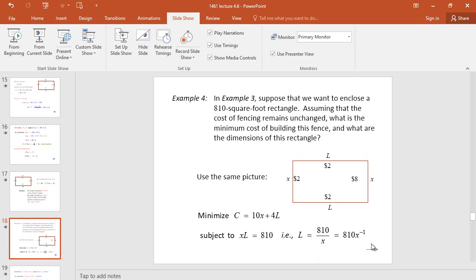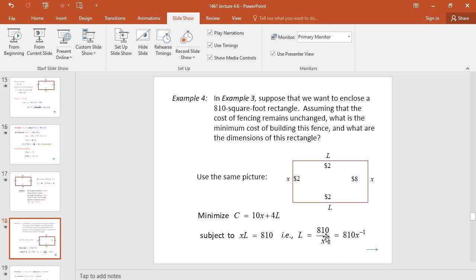And so notice that clearly x has to be positive because we are talking about a length here, and x could be any positive number. So I can pick x as big or small a positive number as I choose. If I pick x too big, then I have to pick l very small. If I pick x too small, then I have to pick l very big to make sure that x times l is 810.